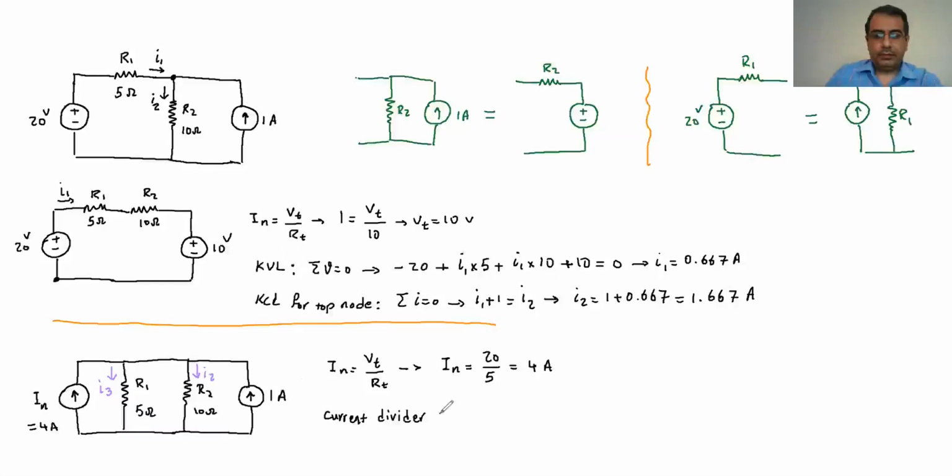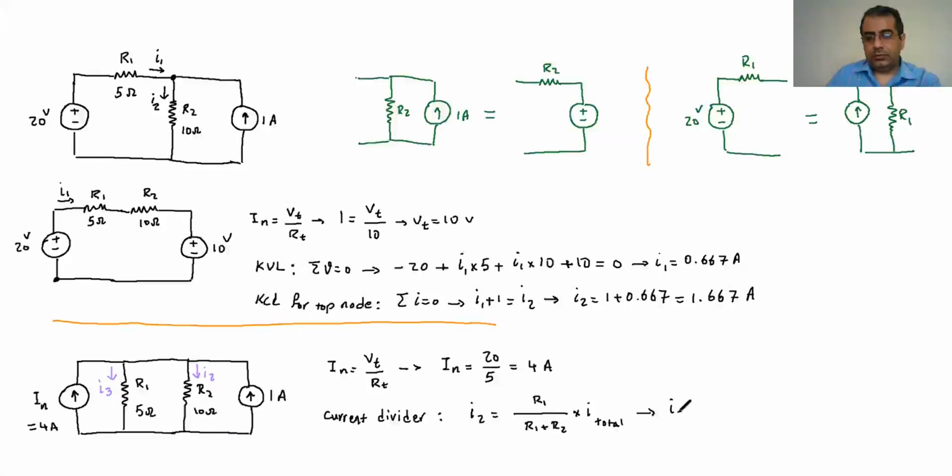If I use that current divider method, I2, if you remember, is proportional to the opposite resistance. You can go back and look at the equation. I2 was proportional to the magnitude of R1 times the total current. That was the current divider method.